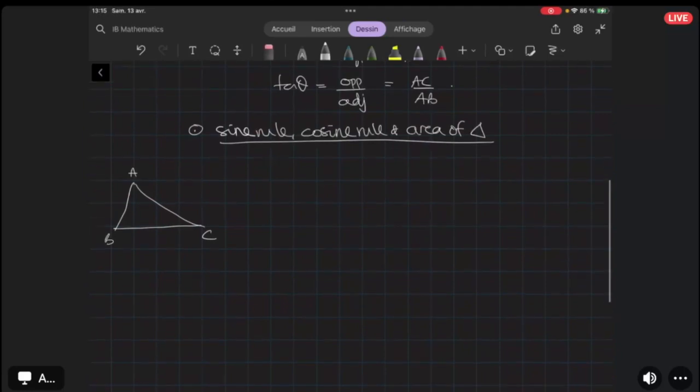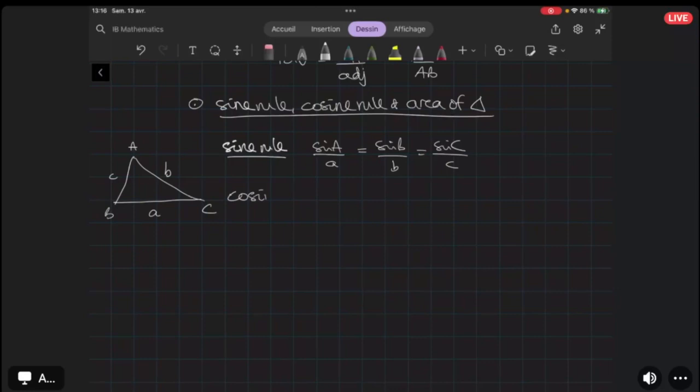The length of the side opposite angle A, we denote as lowercase a. The side opposite angle B, we denote with lowercase b. And the sine rule says that sine of angle A over the opposite side a is equal to sine of B over b, equals sine of C over lowercase c.